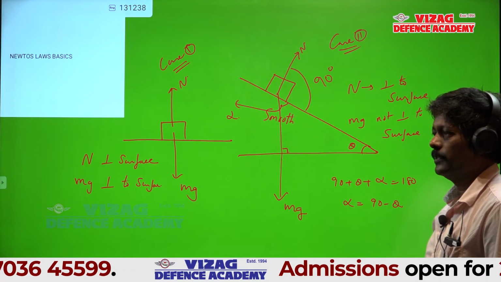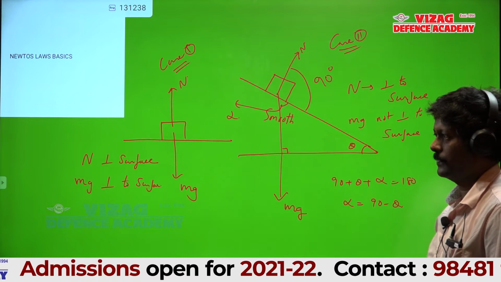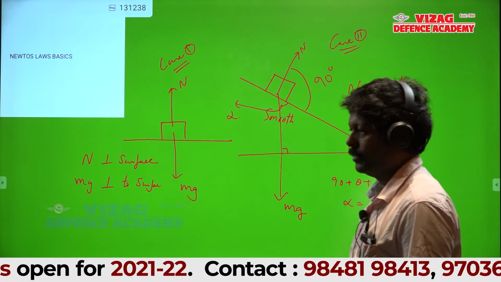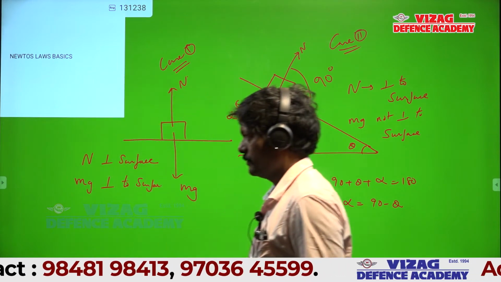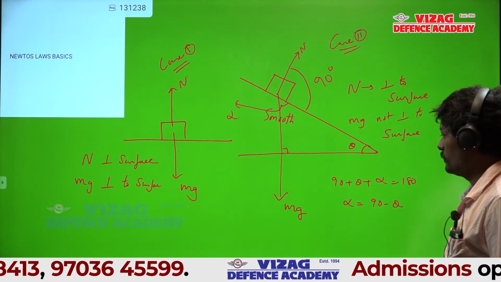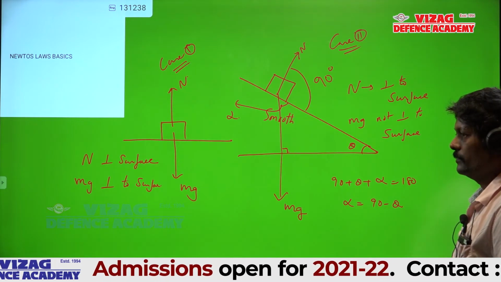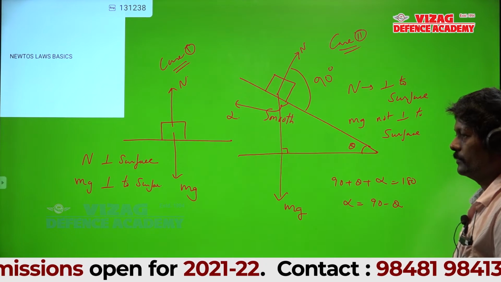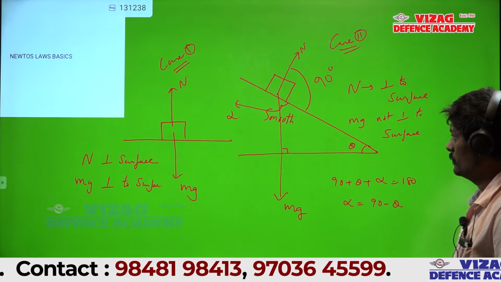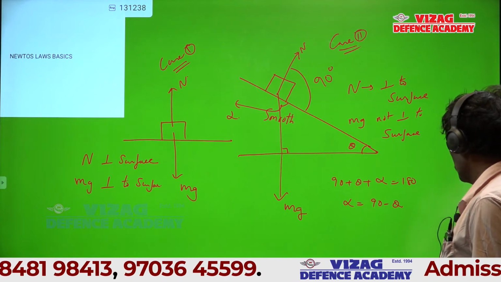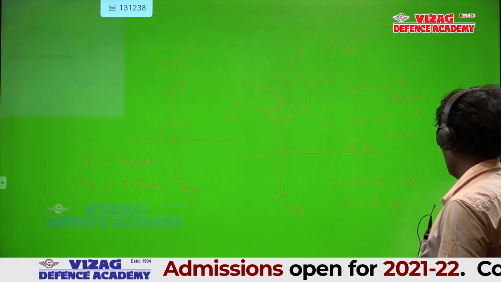But mg may or may not be perpendicular to surface. Ninety minus theta. Completed? Sir, mg cannot be perpendicular to the surface.